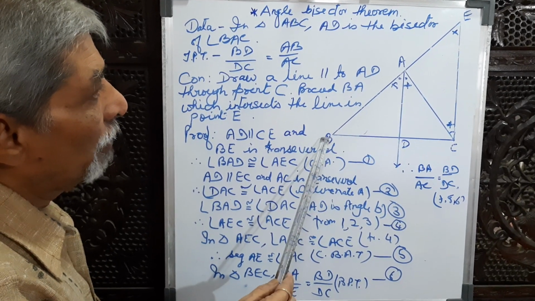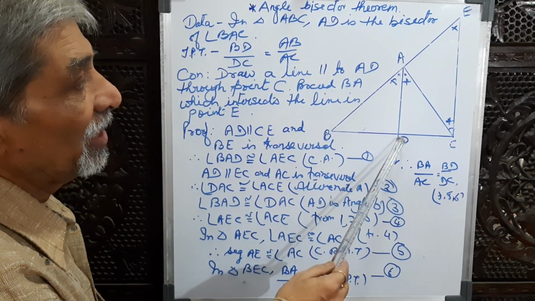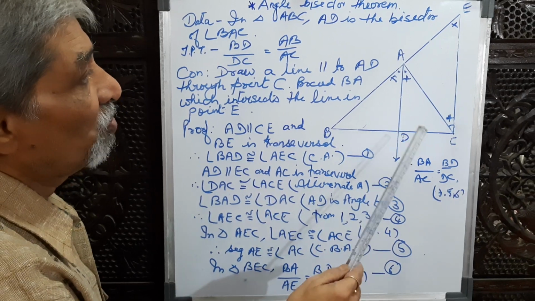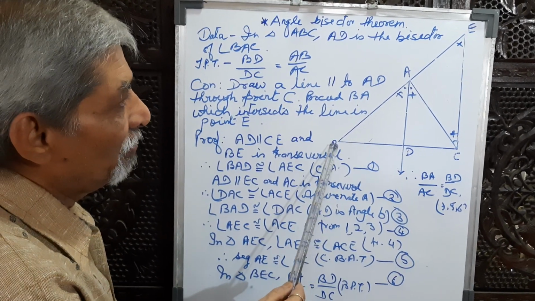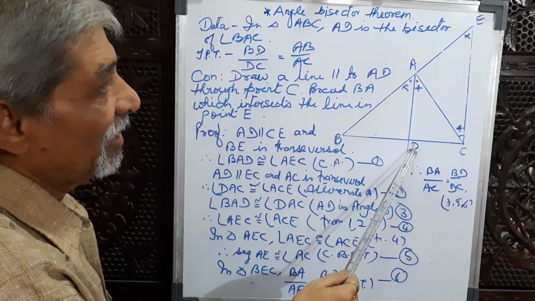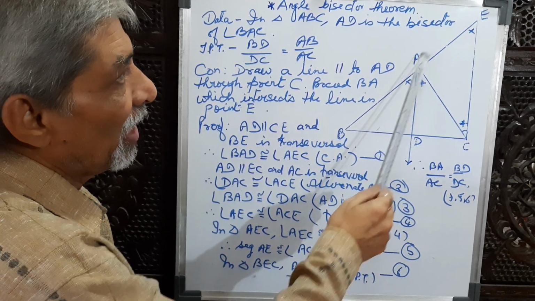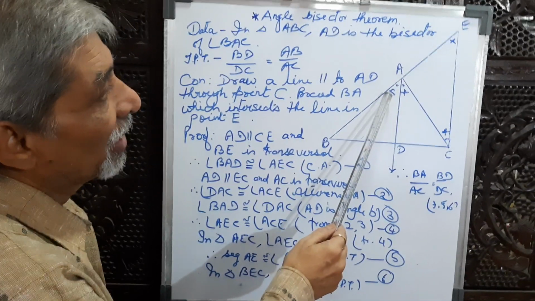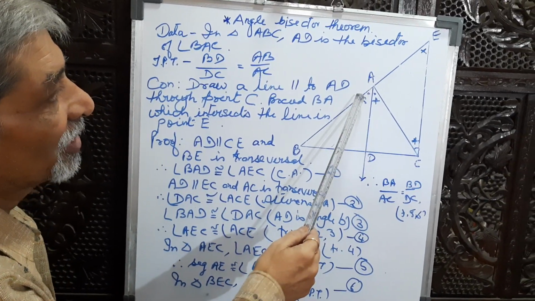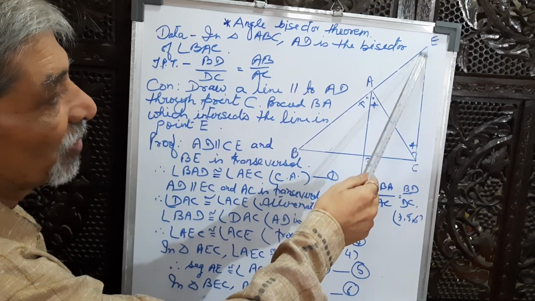Therefore, angle BAD is equal to angle AEC, which is shown here by the multiplication sign.